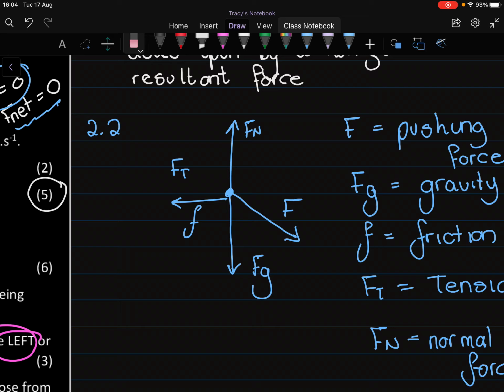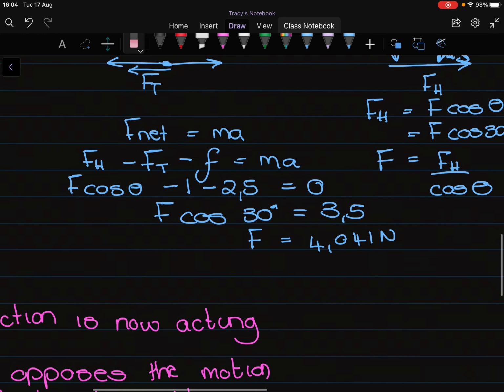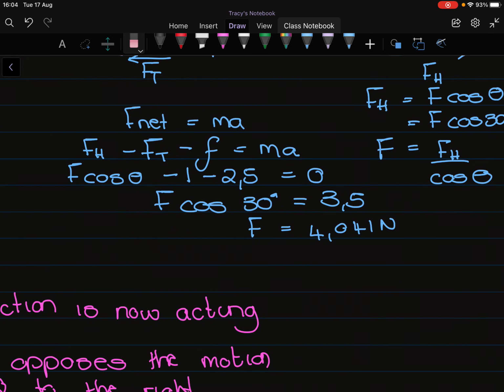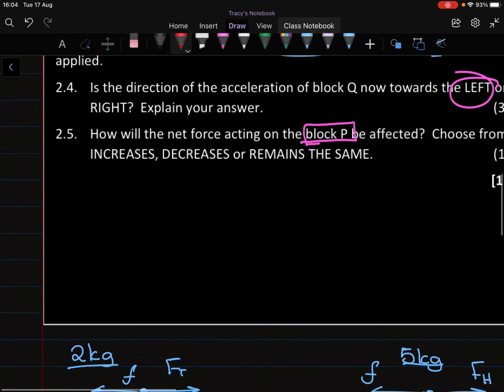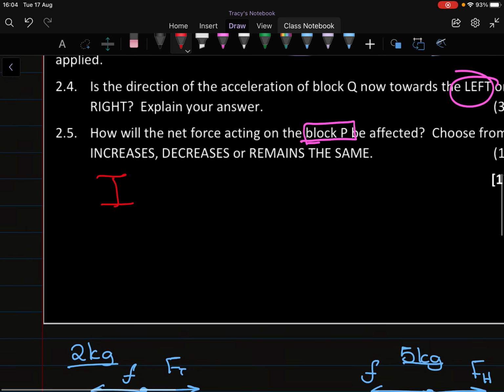There's less force going to the left. That means the forces going to the right become more significant. When I go to F net over here, I'm not going to be minusing this anymore. That means my F net, because F stays the same, has to increase. Okay, F net increases.